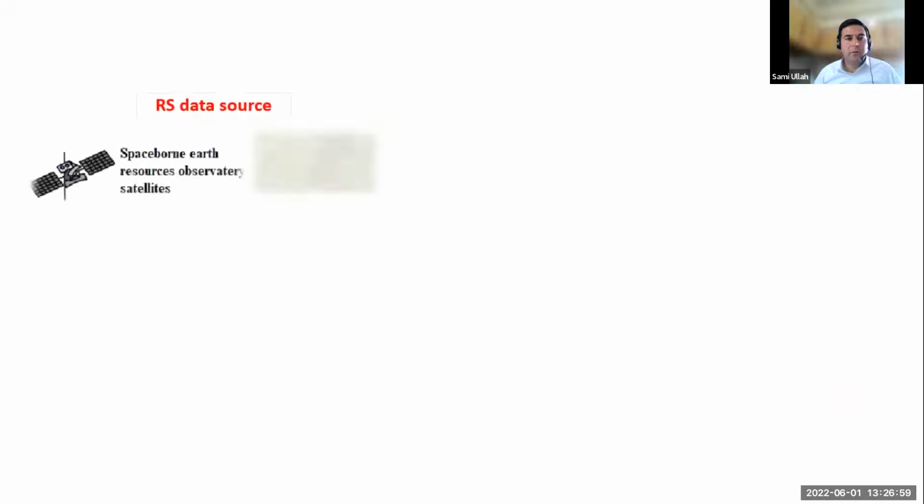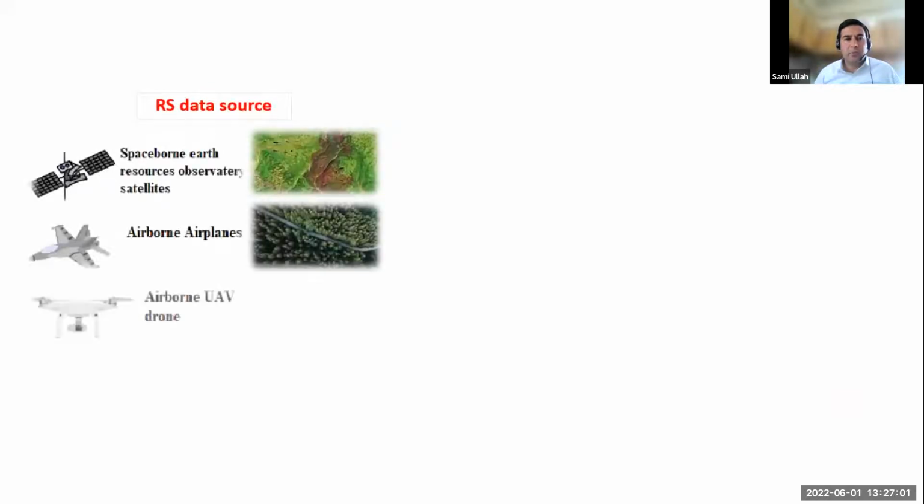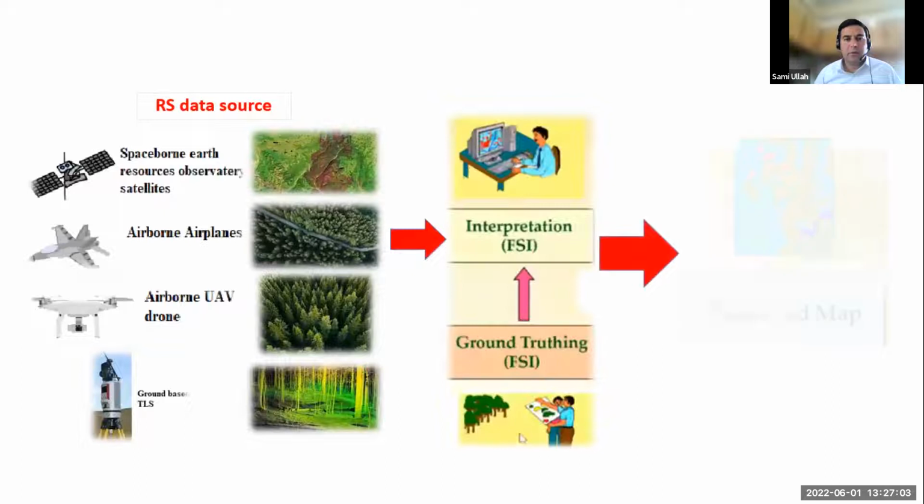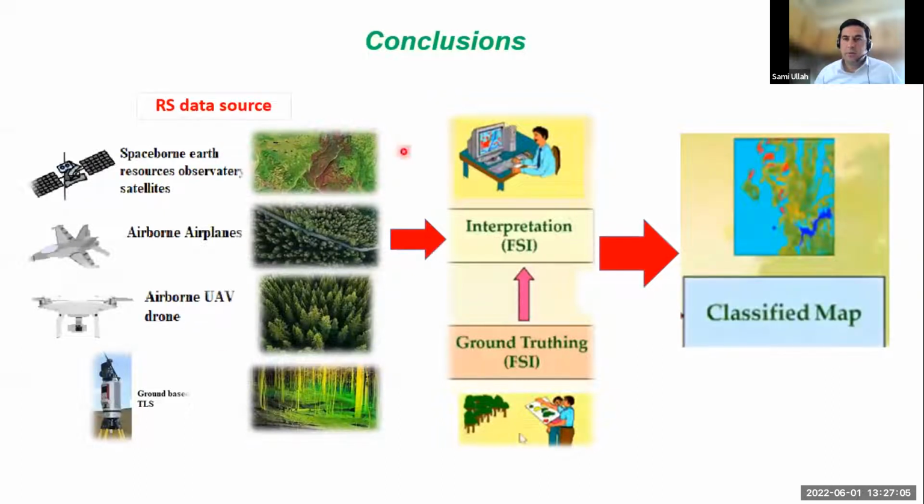That's the conclusion or final topic of my presentation: the remote sensing data, which is spaceborne, airborne, and groundborne, comes to the computer for interpretation with the help of ground truthing, and then becomes a classified map, and these final maps can be used by different people for different applications.